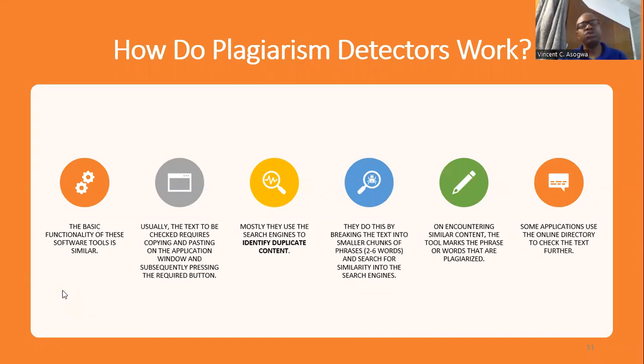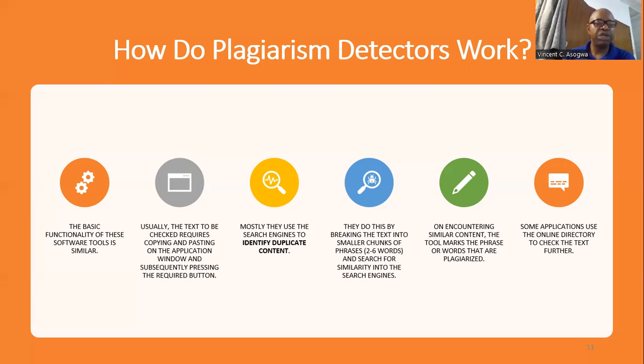How do plagiarism detectors work? If you don't know how they work, it becomes difficult for you to prevent or reduce plagiarism in your work. The basic functionality of all the plagiarism software tools is similar.